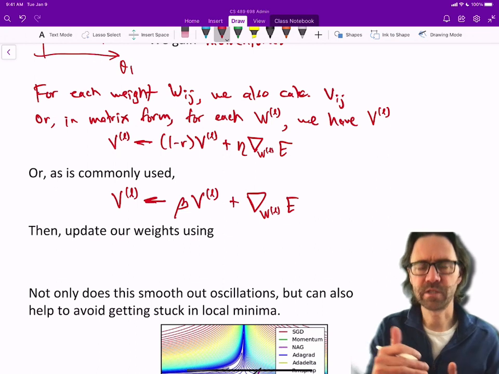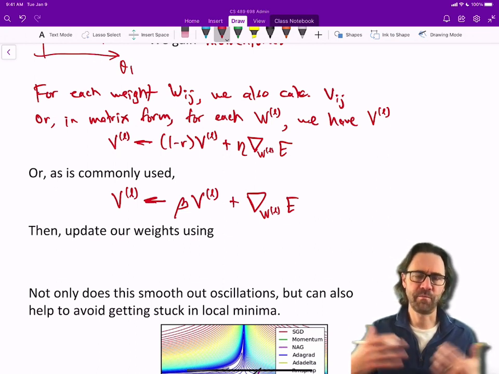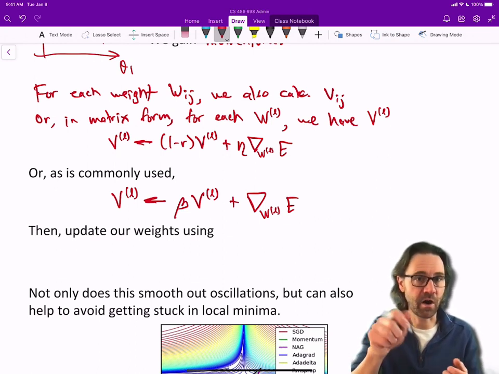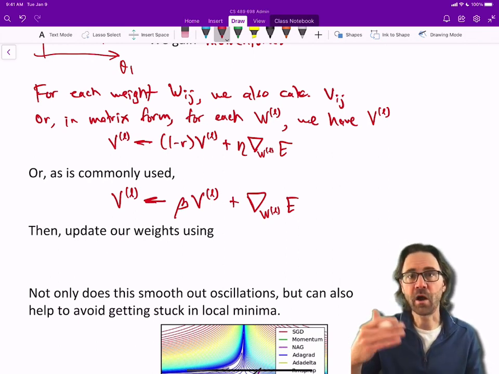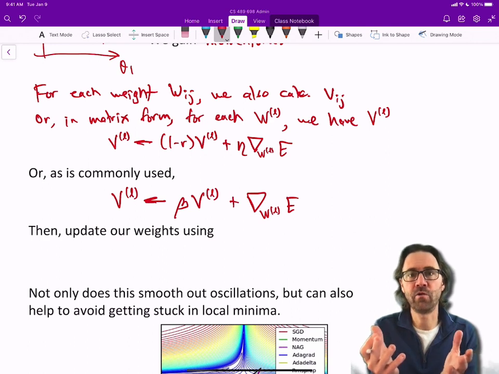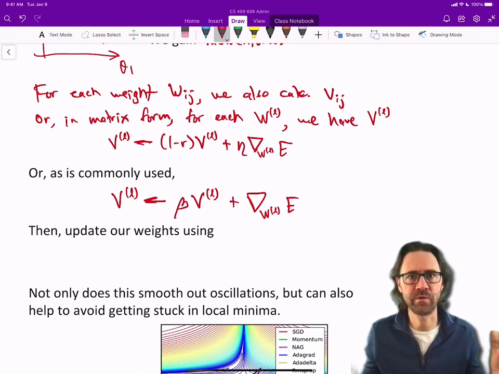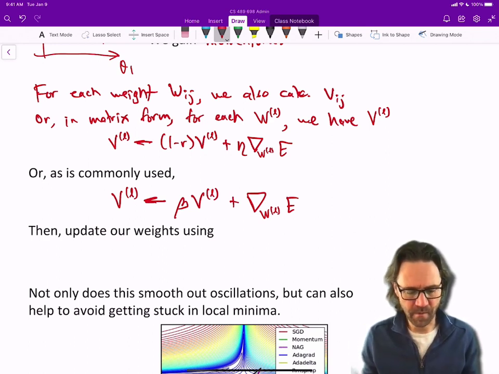As beta gets smaller and smaller, that's like turning the R up. The resistance is being increased. And once R gets up to 1, basically we have no momentum at all. We stop as soon as we no longer have acceleration.